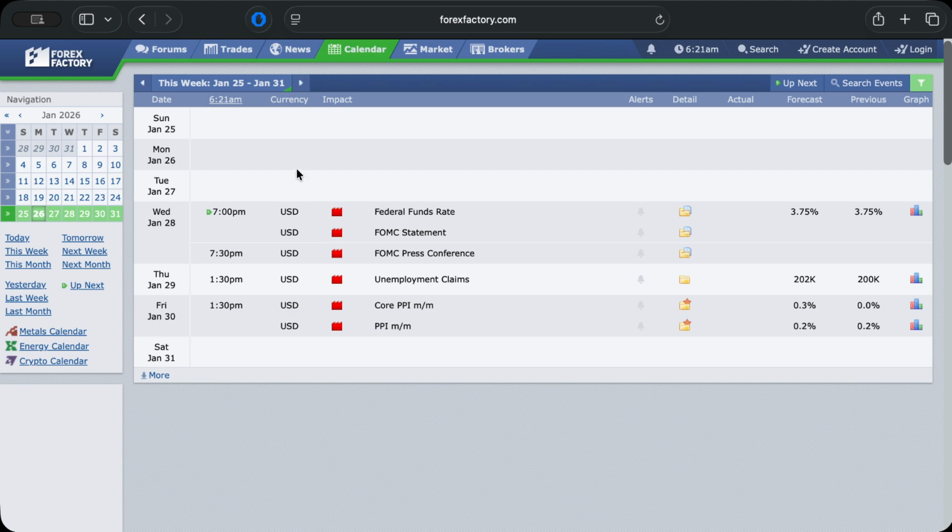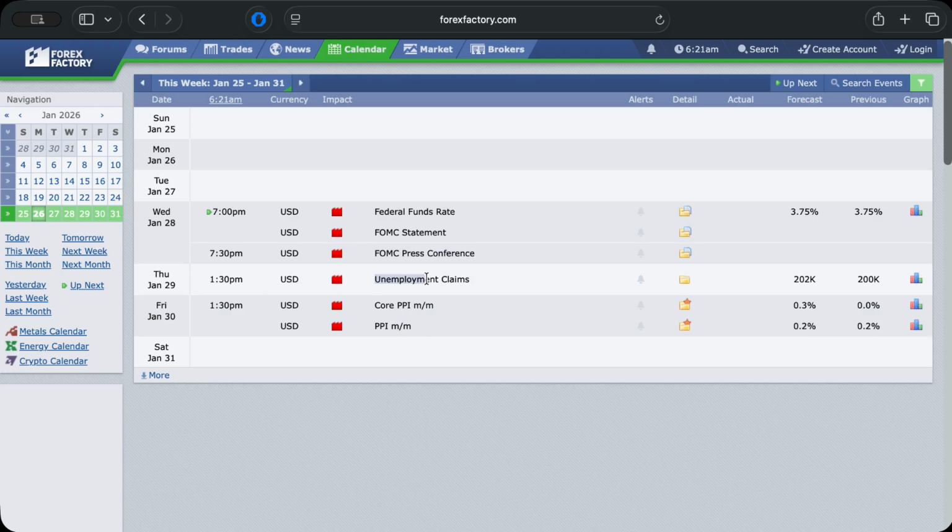So Monday, Tuesday, we do not have anything, and then Wednesday we're going to have a federal funds rate and FOMC press conference. These are major events that will introduce a lot of volatility on the USD pairs.